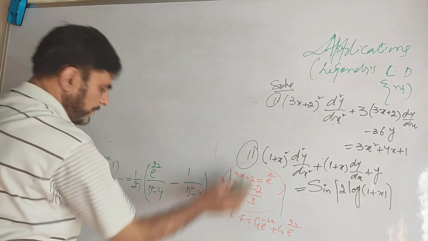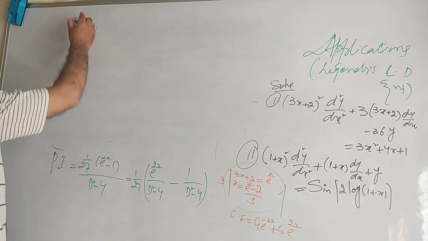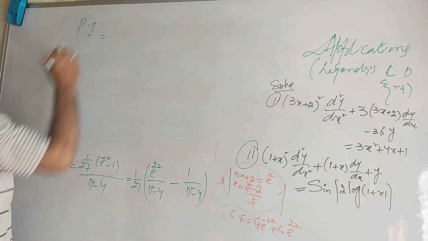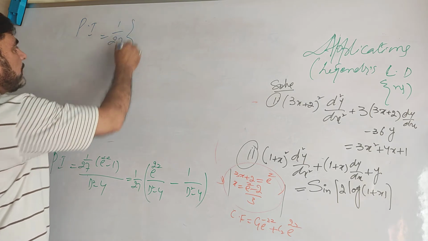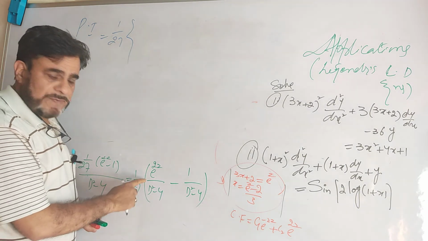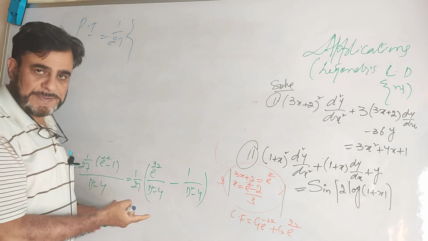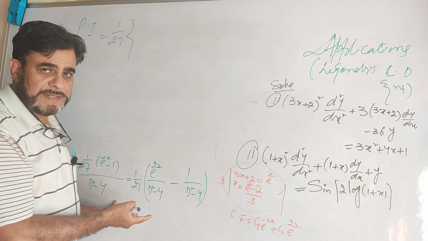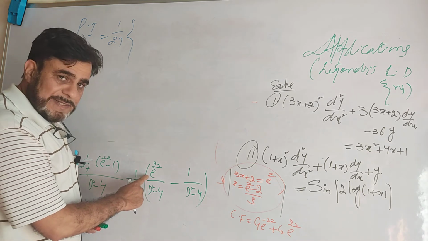Now let us find the particular integral. The particular integral is 1 by 27. How do we do it for exponential? We have to replace D by this 2. It is 2 square, 4 minus 4, undefined. It is undefined here. How do we proceed? You remember the rule. We write the independent variable here.